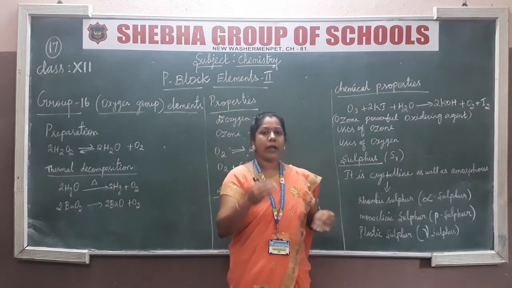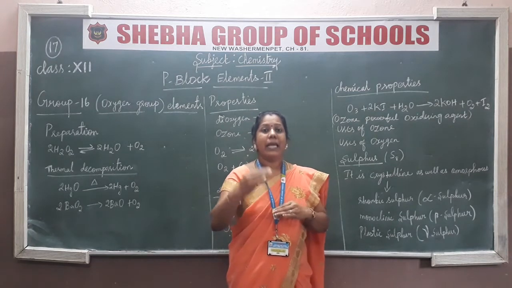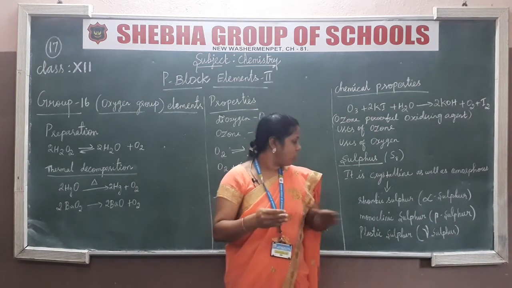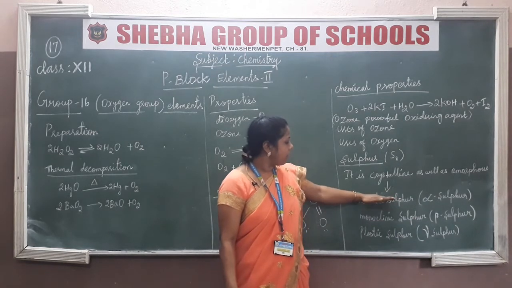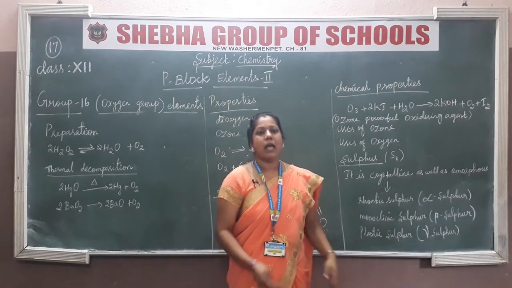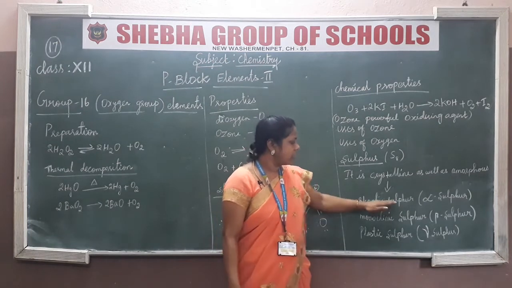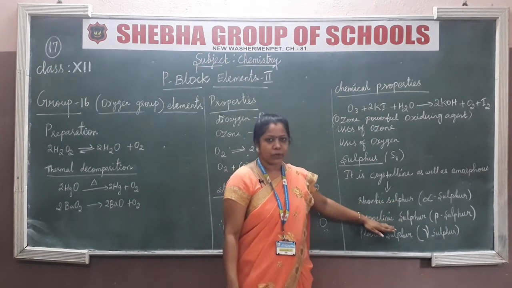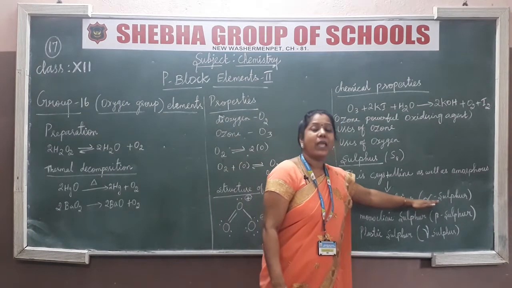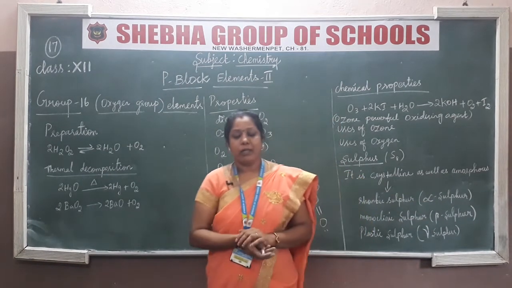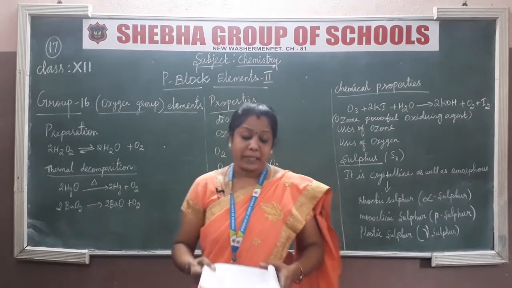If you reduce the temperature to below 96 degrees, we again get the rhombic sulphur, that is alpha sulphur. So if you heat above 96 degrees you get beta sulphur, and if you decrease below 96 degrees you again get alpha sulphur. That is the main thing about the properties.